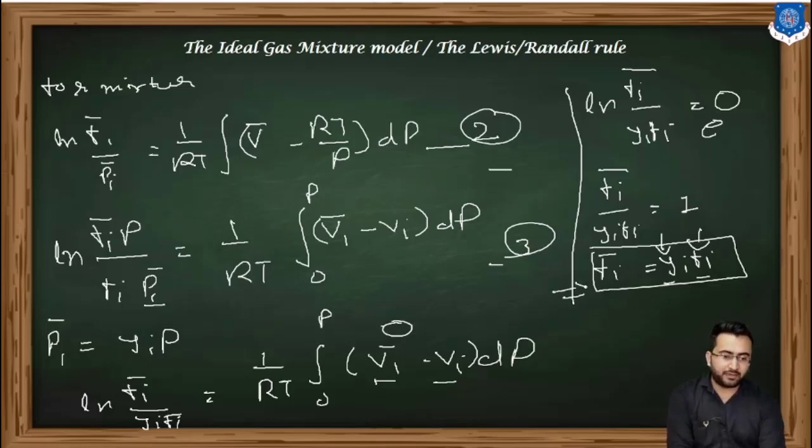So fugacity in an ideal solution can be given by the mole fraction of that particular component multiplied by the fugacity of that component in its pure state. So this is about the Lewis-Randall rule.